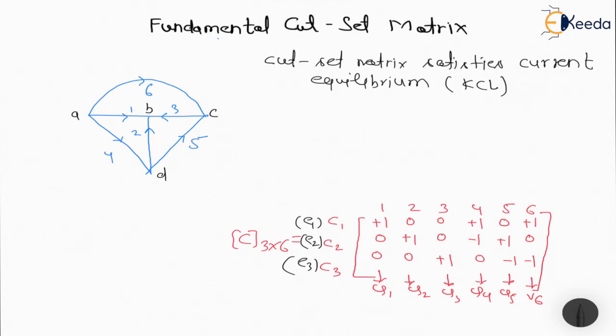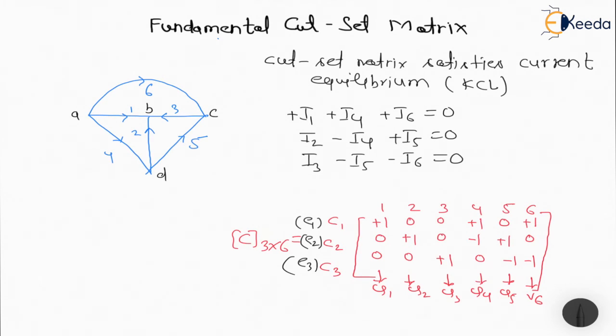For the first cut set, plus I1 plus I4 plus I6 is equal to 0. For the second cut set, we can write I2 minus I4 plus I5 is equal to 0. For the third, I3 minus I5 minus I6 is equal to 0.